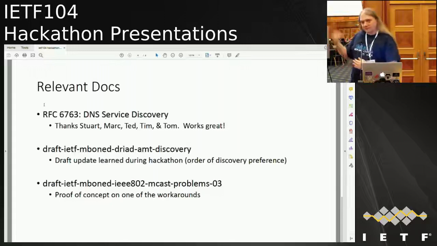There's an update that I'm going to apply to the draft based on some things that I learned during the hackathon about how the discovery is going to work, and also some interesting information for the MBONED group about a proof of concept for the draft about the Wi-Fi multicast problems, that the AMT running on the local home network is one of the cited workarounds, and so it's a proof of concept that this is a viable idea. So that's it.